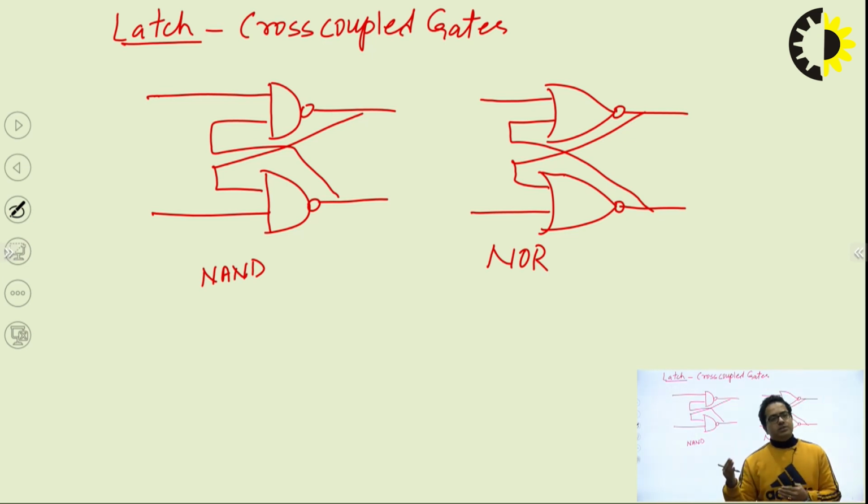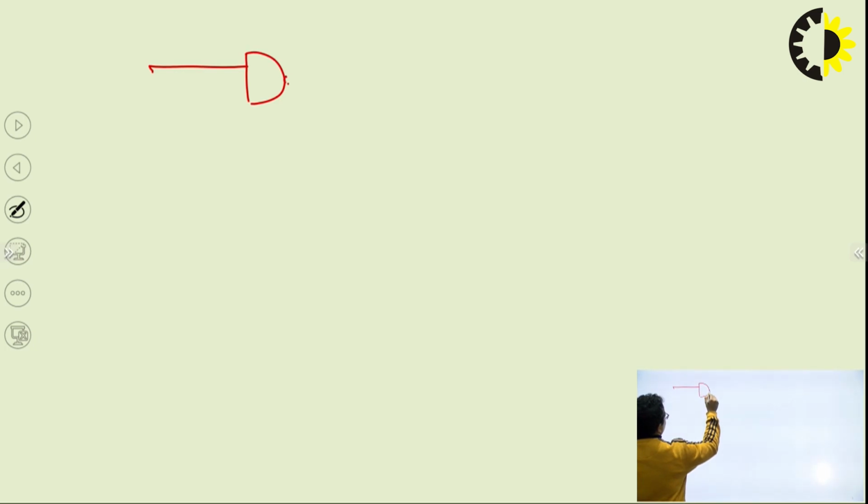These terminologies are not only associated with latches, but are equally valid for flip-flops. So we have to go through them very carefully. Let us first design that latch using NAND gates again.